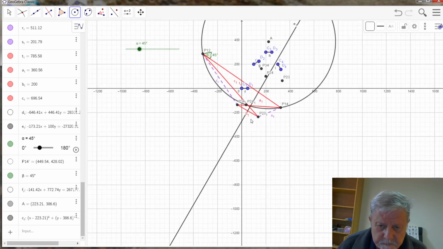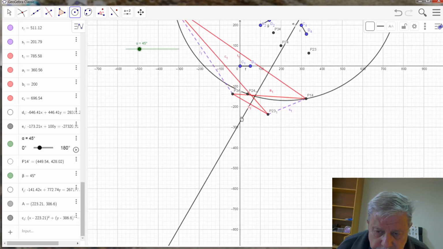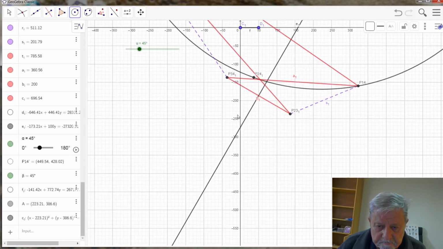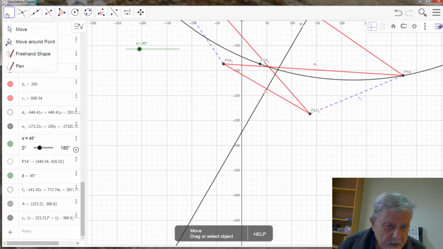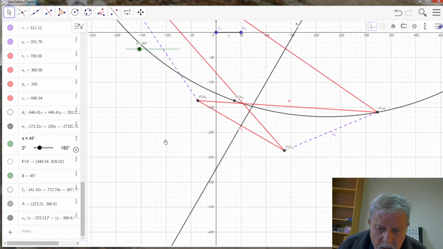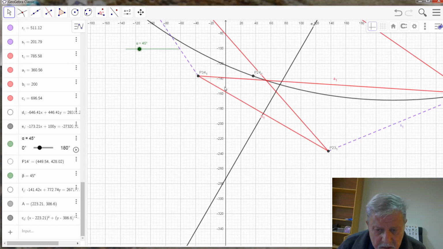Next, this is from 4 to angle alpha counterclockwise. I'm enlarging it so that we can see it easily. This is the line 4-2. I have to measure angle alpha with respect to this line in counterclockwise direction.